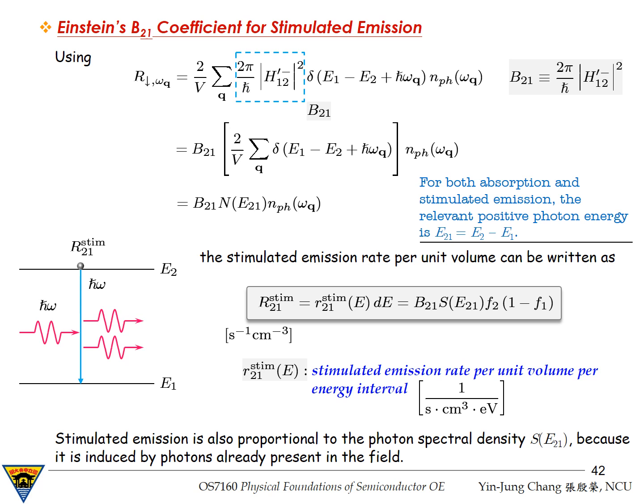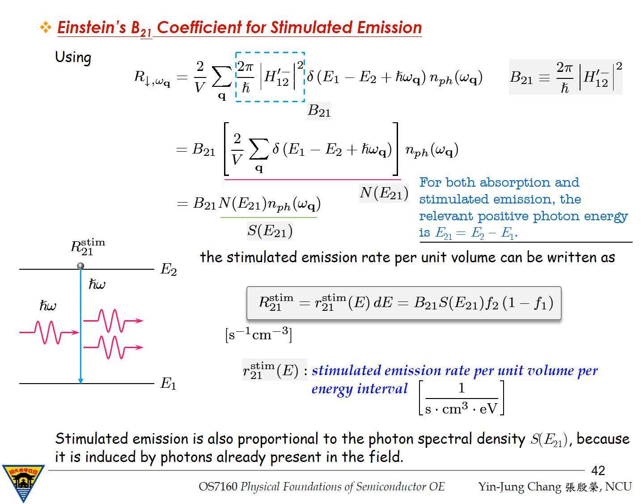The quantity in the square brackets is therefore still the photon density of states, denoted by capital N of E21. For stimulated emission, the incoming photon mode stimulates the electron to emit another photon into the same mode. Therefore, just like stimulated absorption, the rate is proportional to the photon spectral density, denoted by capital S of E21.